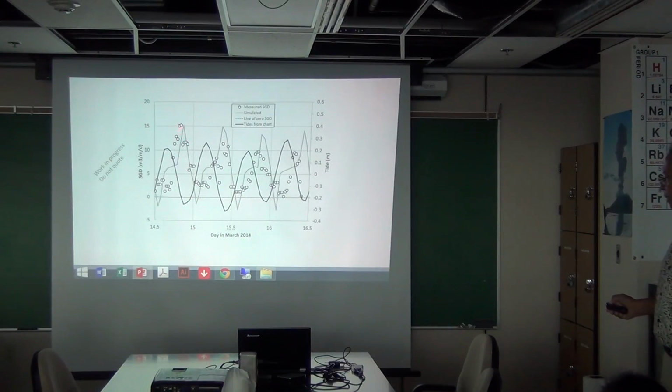So the highest SGD coincide with the lowest tide and vice versa. Okay. So that's really reasonable. And the modeling is gray, okay, which seems to match, not too bad. But again, the question is, are we really simulating the correct numbers?